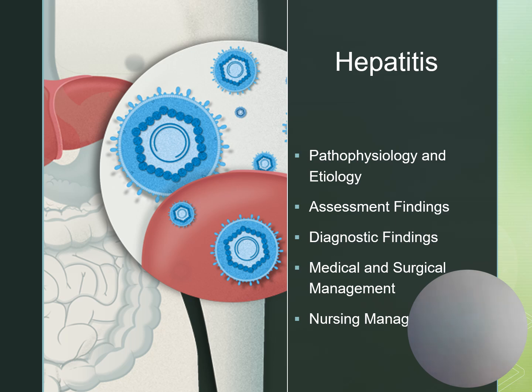There's 4 different phases with hepatitis. We have the incubation phase, where the client is asymptomatic. The virus is in their blood, bile, and stool, and they are infectious at this point. Then we have the preicteric or prodromal phase. These clients will begin to have nausea, vomiting, anorexia, fever, pain in the right upper quadrant, rash, and urticaria.